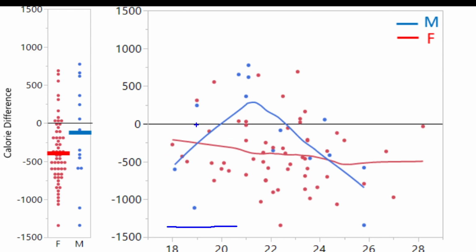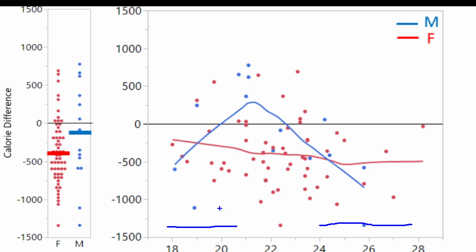Their trends are kind of in the same spot. Also, if I were to go up high, so 24 and above, I see that I have similar trends between males and females, at least according to these curves that I put in this scatter plot.